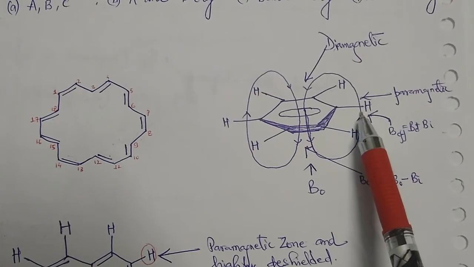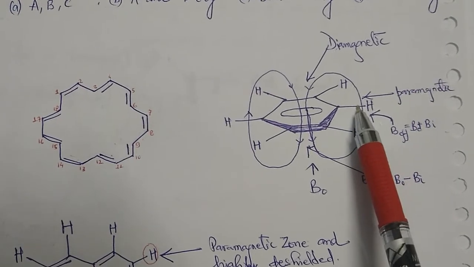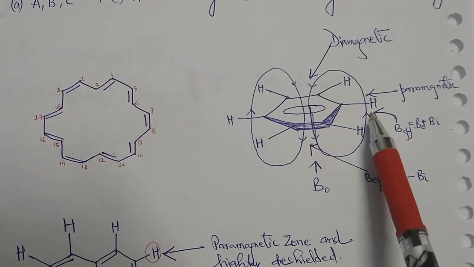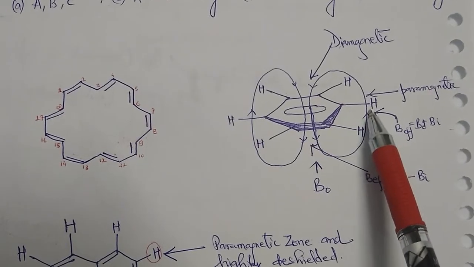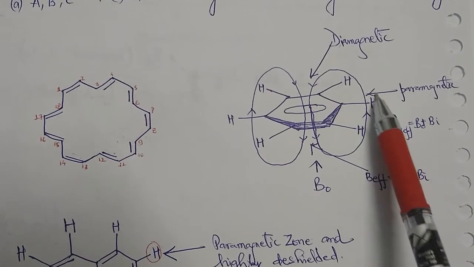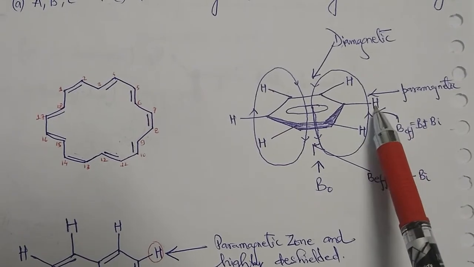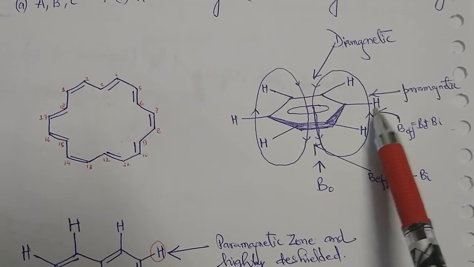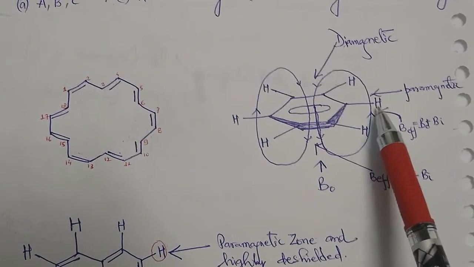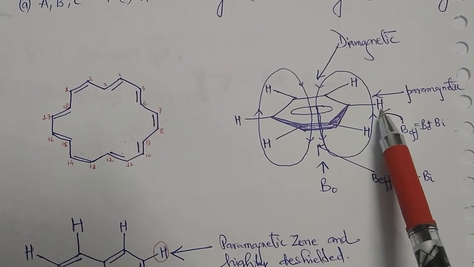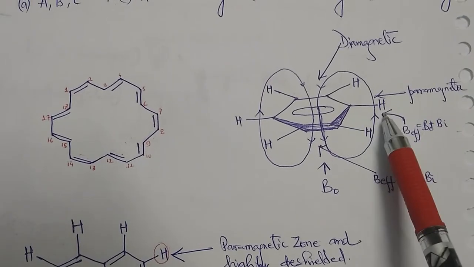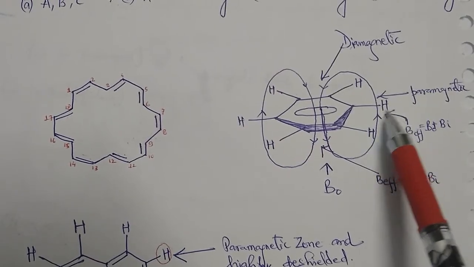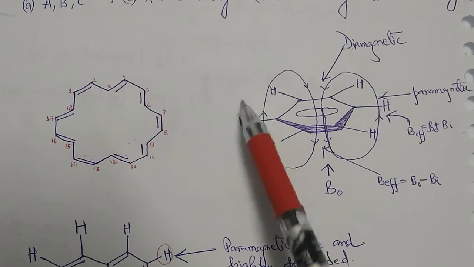So the effective magnetic field at this proton will be the overlapping of the induced magnetic field and the applied magnetic field. That results in a high effective magnetic field, so it will resonate at high frequency, which results in a higher chemical shift. It is due to the paramagnetic region around the exterior side of this benzene ring.